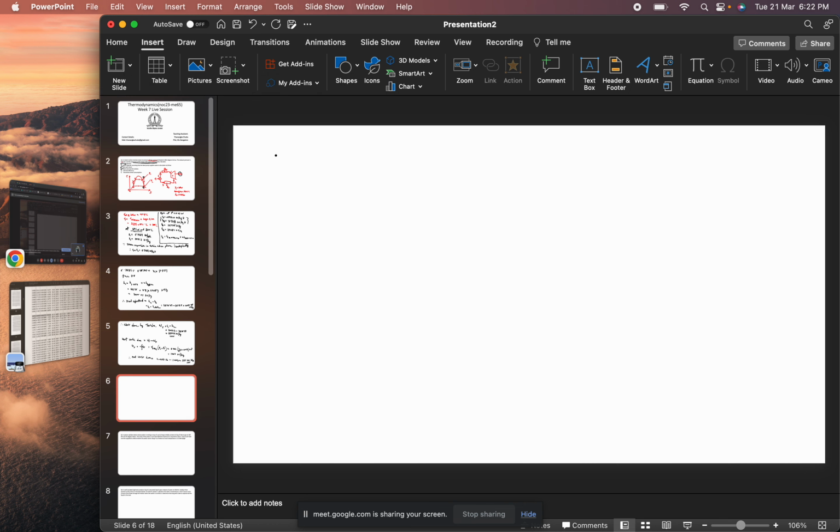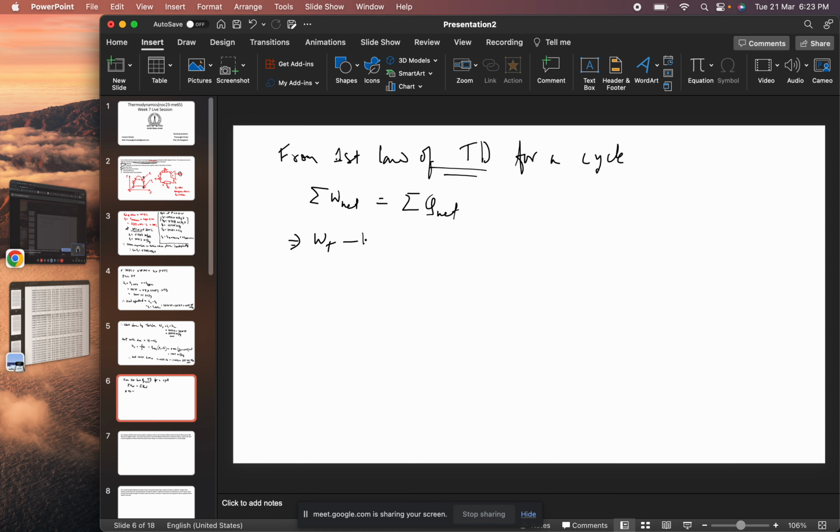Since this is a cycle, from the first law of thermodynamics for a cycle, the summation of all the W will be equal to the summation of all the Q. That is, WT minus WP equals Q added minus Q rejected.